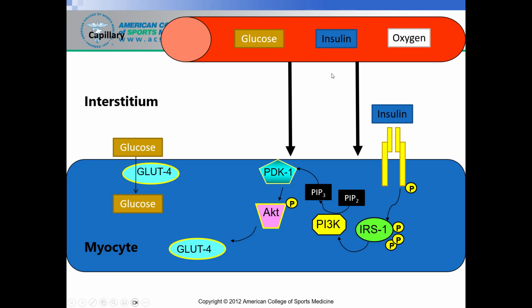When you decrease the delivery of any kind of fuel to the muscle, that includes insulin, and insulin is going to be very important for the uptake of glucose. So just by infusing fat under just normal resting conditions, you're going to decrease glucose uptake and oxidation and increase fatty acid oxidation.